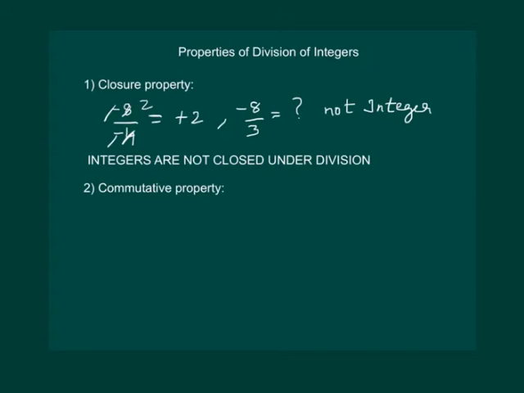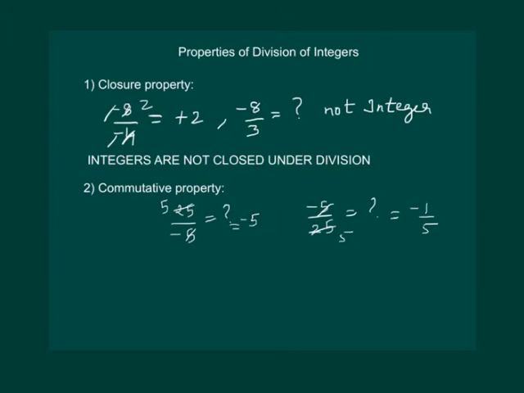Let us check if division satisfies the second property, that is the commutative property. If we divide 25 by -5, and -5 by 25, we will get -5 and -1 by 5 as the answers.